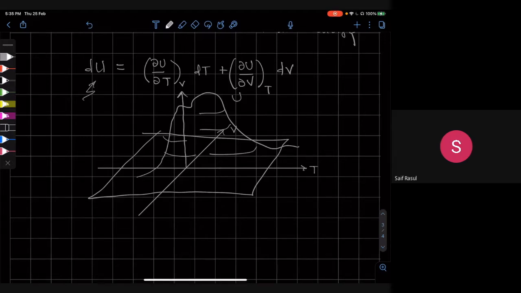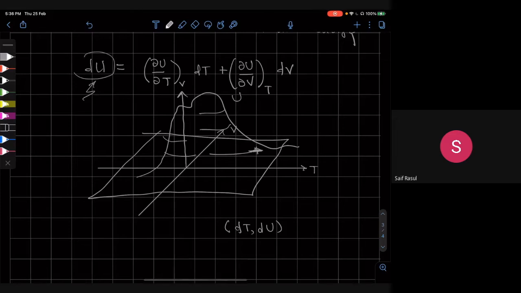What if you change by dU in some random direction in the VT plane, so you have a vector in the VT plane, going in the dT and dV direction. Then how does the U function change?